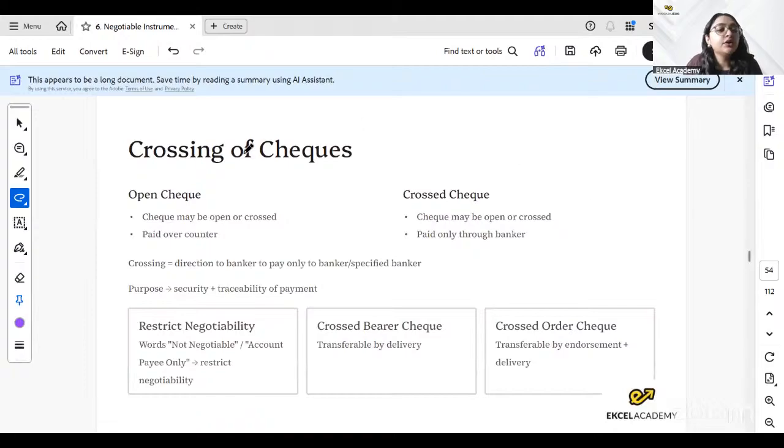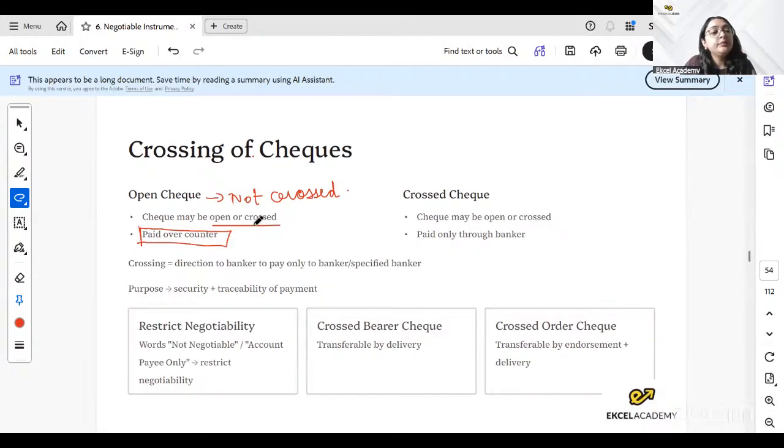Next, crossing of check. Now we come to the topic that we've been discussing so far, which is crossing of check. So your check can be open or crossed. An open check is something which is not crossed, which means that it can be paid over counter.